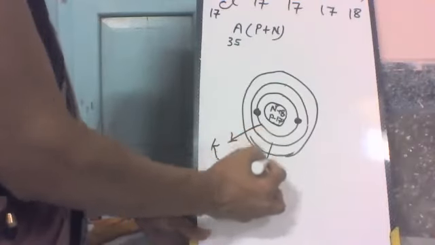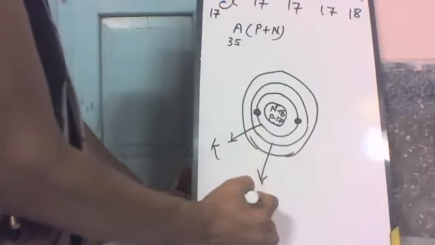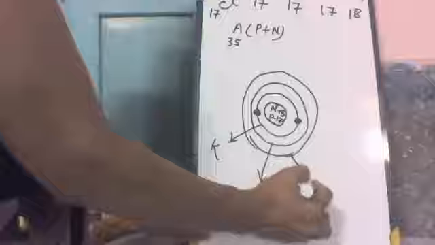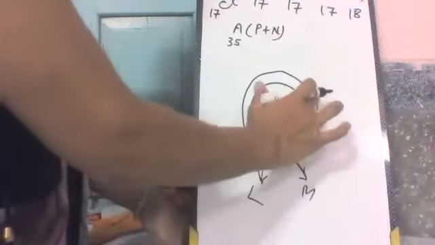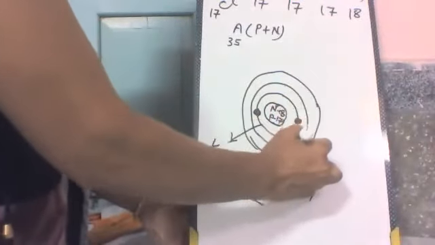The second shell is known as L. And the third one is known as? M. Second is L, third is M.